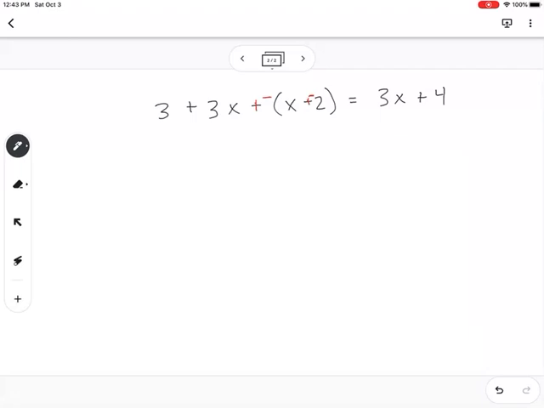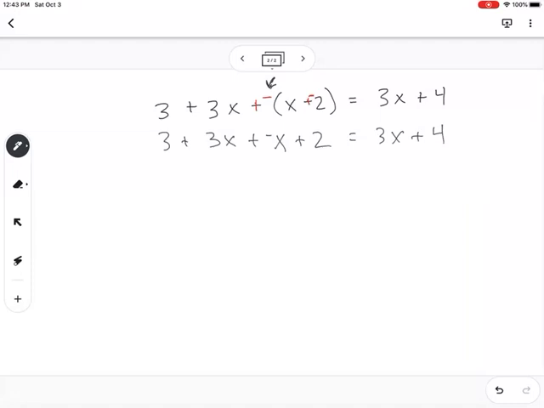The distribution going on is right here, distributing the negative 1 through those parentheses. So I'm just going to show that. That's plus negative x plus, now a negative 1 times negative 2 is positive 2, so that becomes positive 2. And we can fill in the rest, which didn't change.